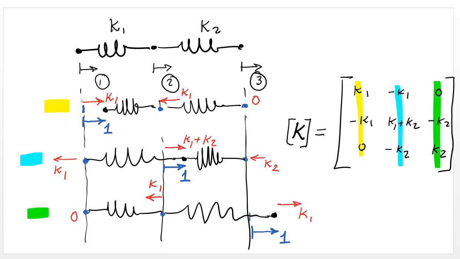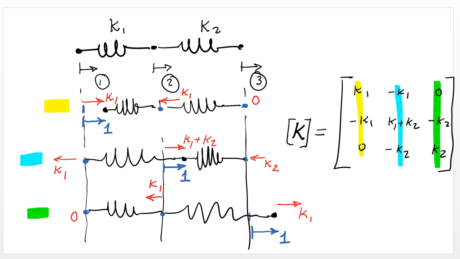So the force that you need is K1 plus K2. And then you need minus K1 at the left end and negative K2 at the right end. So that gives you the second column here in yellow, and similarly the third column in green. And that gives you the stiffness matrix of the whole system.